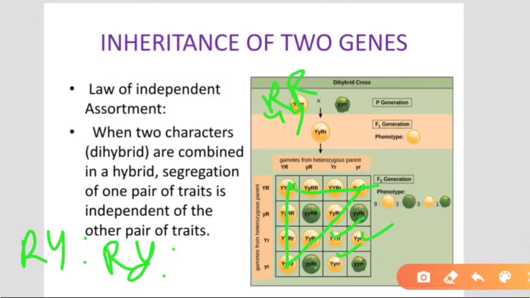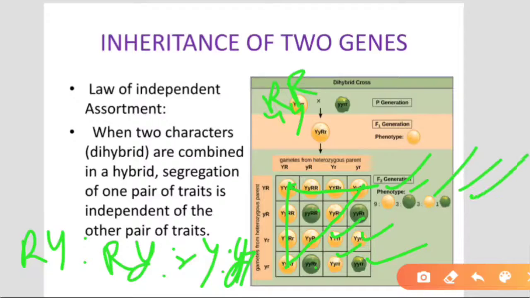These are wrinkled but yellow seed, and one is green and wrinkled, that is small r and small y. So the 9, 3, 3 and 1 ratio is present.